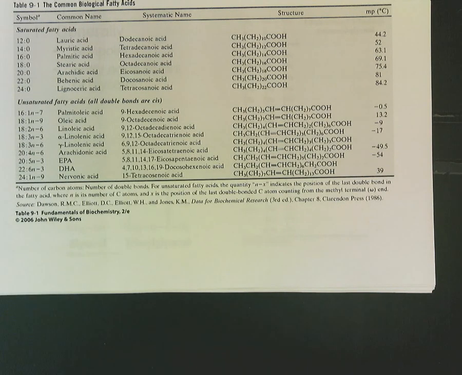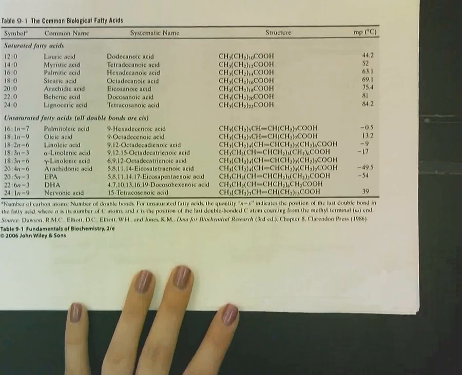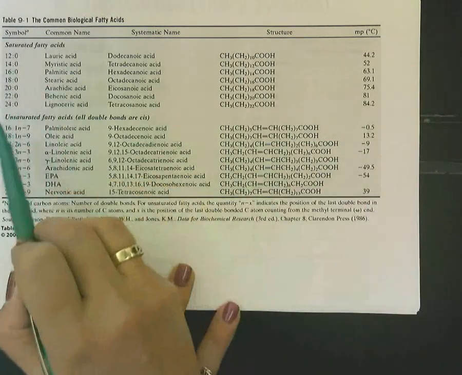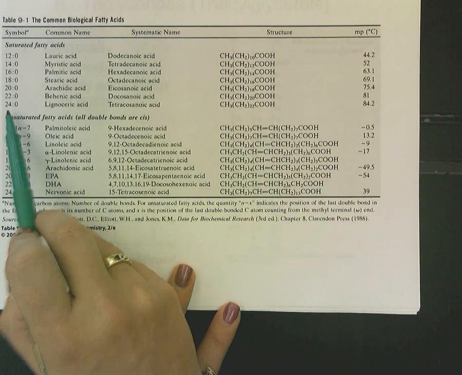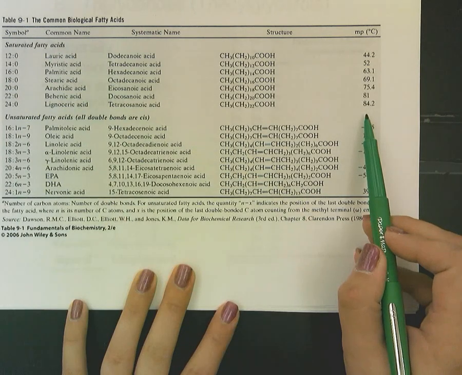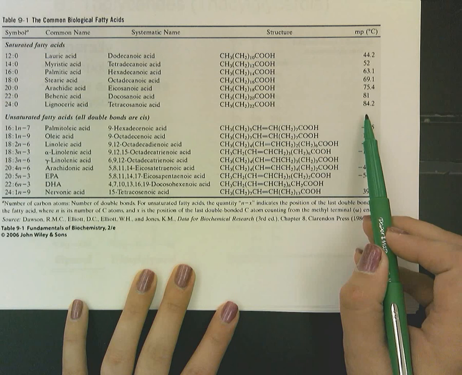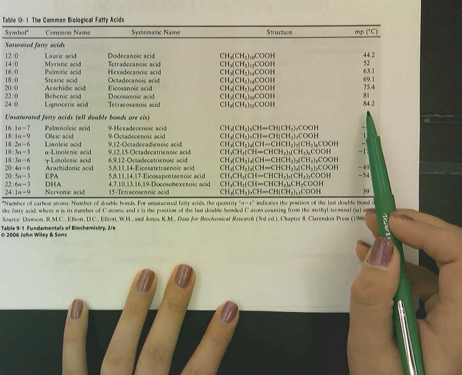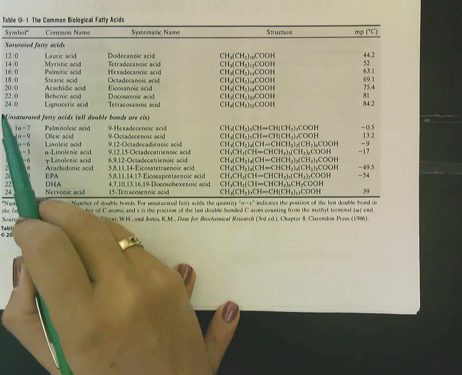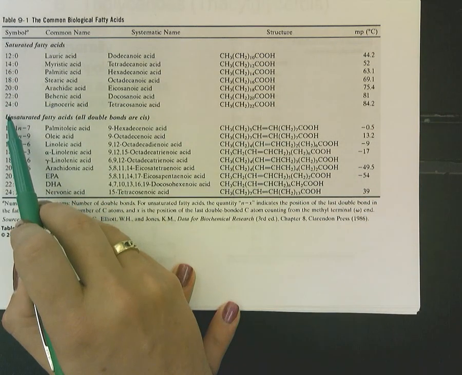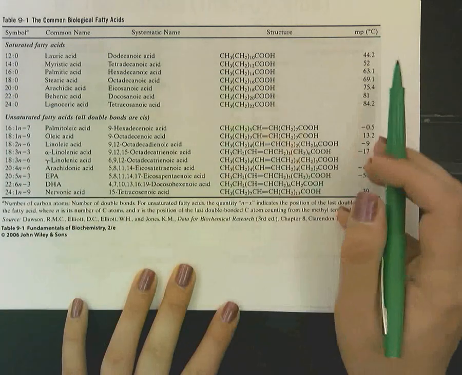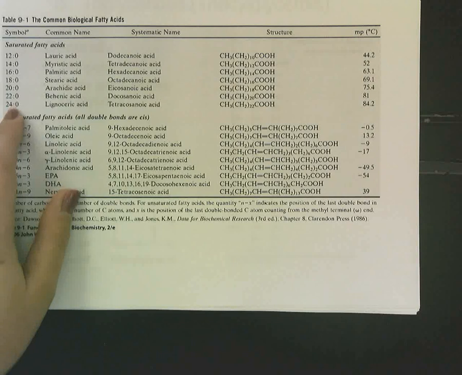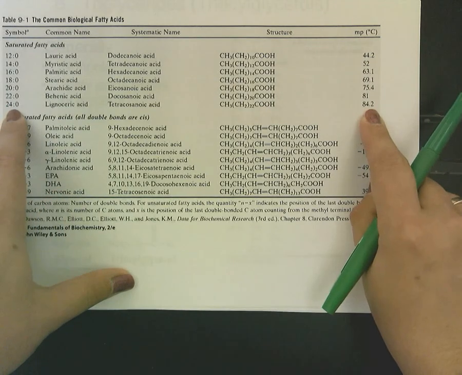All right, the thing to point out, if we look at our saturated fatty acids and the melting point, as I have more carbons in my saturated fatty acid, what happens to my melting point? It increases, right? More carbons, higher melting point. That comes from the fact that these guys, no double bonds, tightly packed, requires more energy to melt. All right? No double bonds, tight packed, more energy to melt.